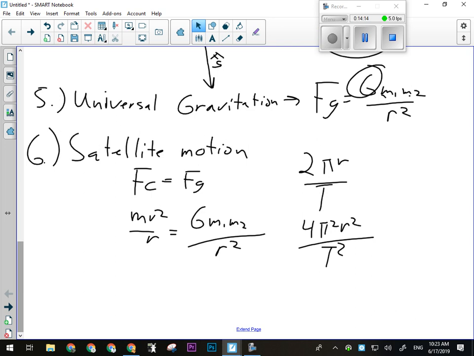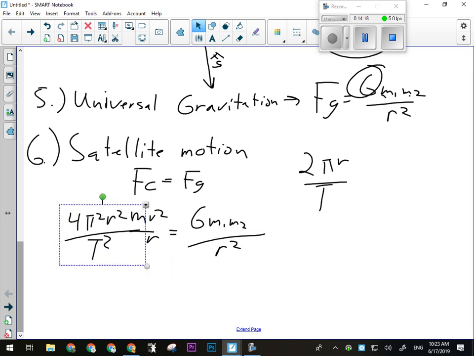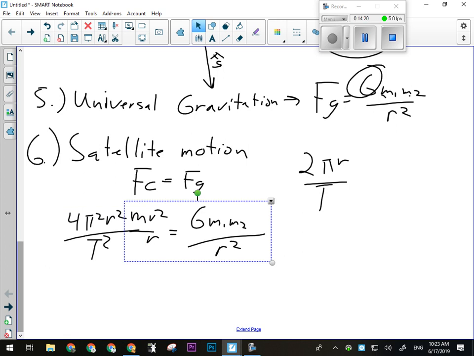And then I just took that and put it in for V. When I did that, what happened to the r's? Yeah, the squared went away, this r went away, and we already know that this m is going to cancel with an m on the other side. Everybody all right with that? Just have to remember how to do that in case the satellite motion problem on the final exam involves that situation. It may or may not, but if it does, it's something you need to know how to do.